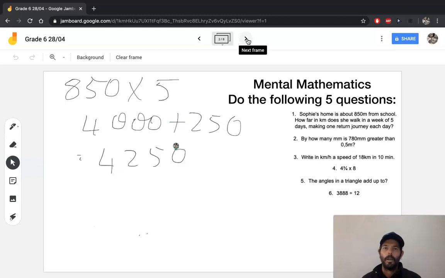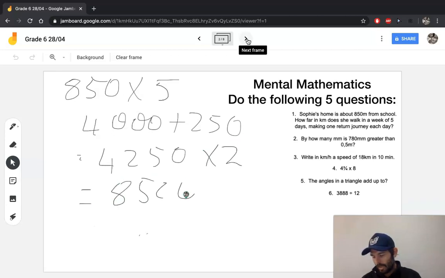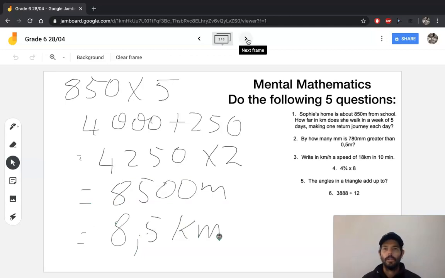And now I've got the 5 days, but I need to double it. And then that's going to give me 8,500 meters, which is 8.5 kilometers. Okay, so that's your answer for question number 1. 2 ways to work that out.